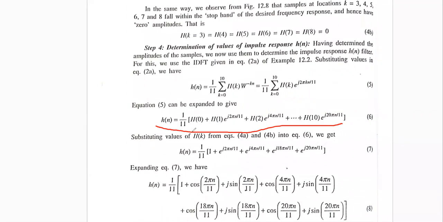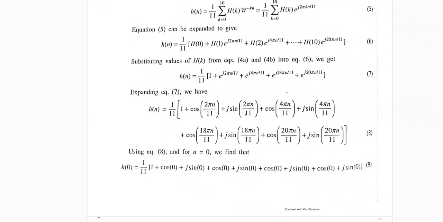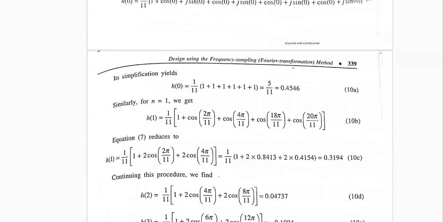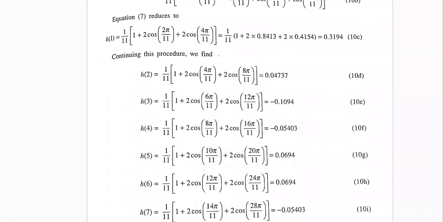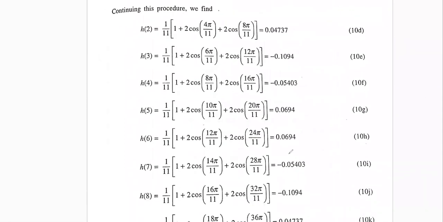So do the inverse Fourier transform, and you can find the equation. Here you need to put the value of n equals 0, n equals 1, 2, 3, and so on and so forth.